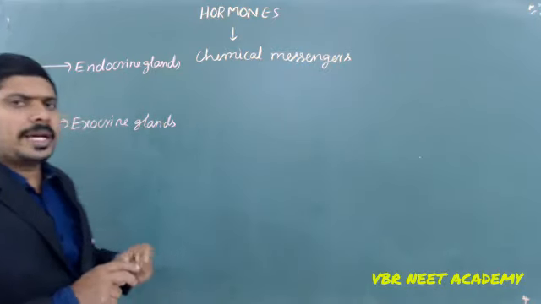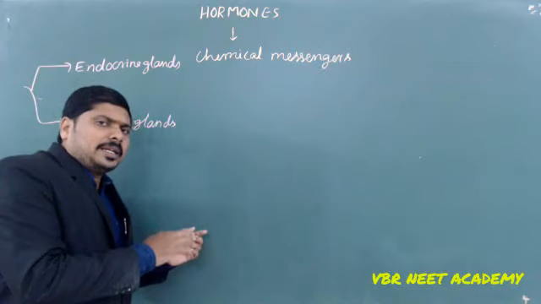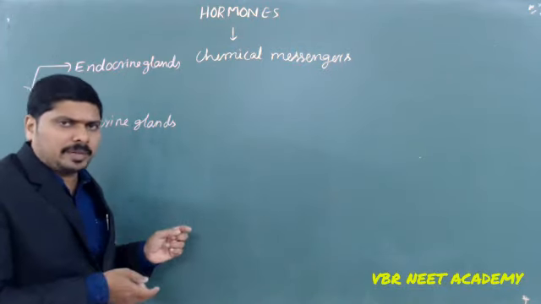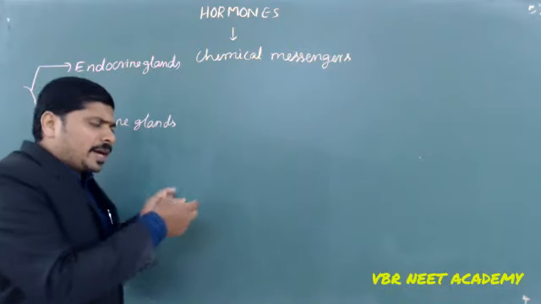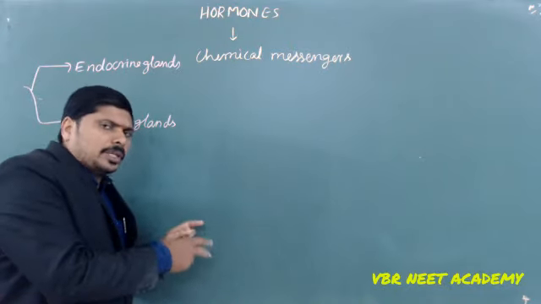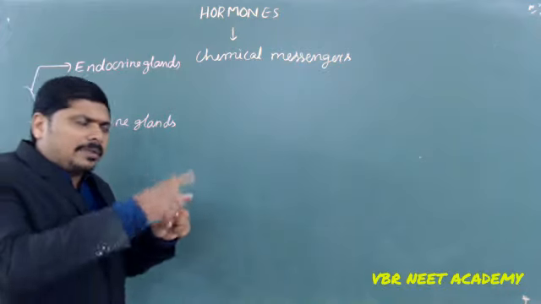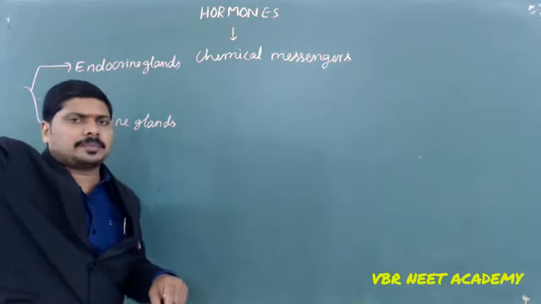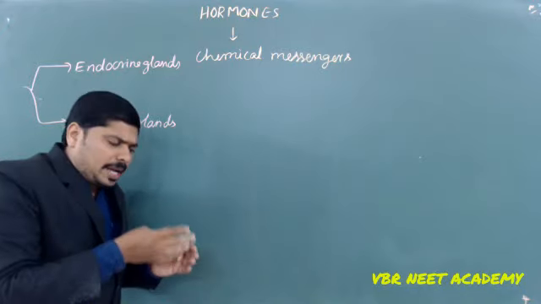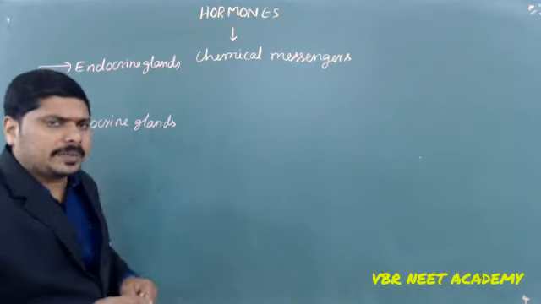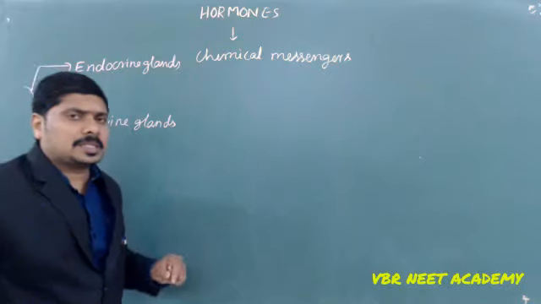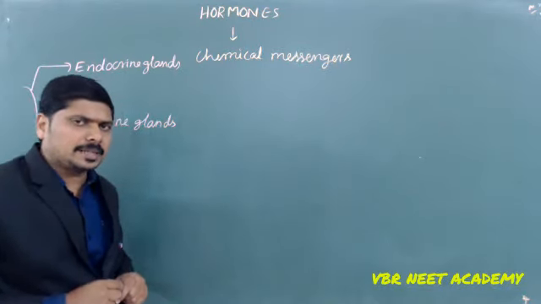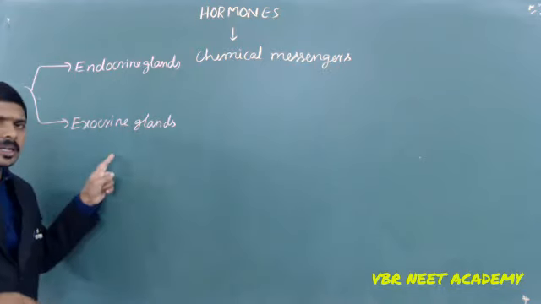The site of synthesis and the site of action are different for the hormone. Where they are produced, from there they travel through the bloodstream, and they act where they have to act. Understand? So these are called ductless glands, and these are called ducted glands.